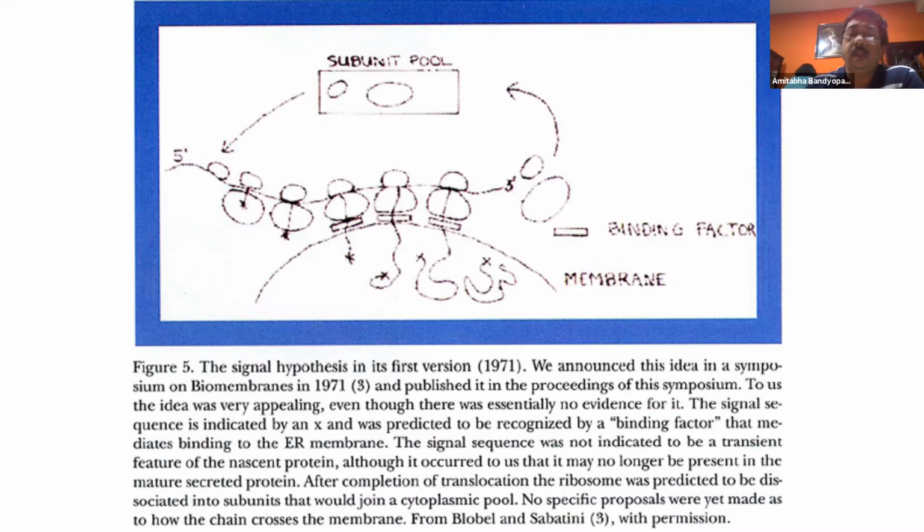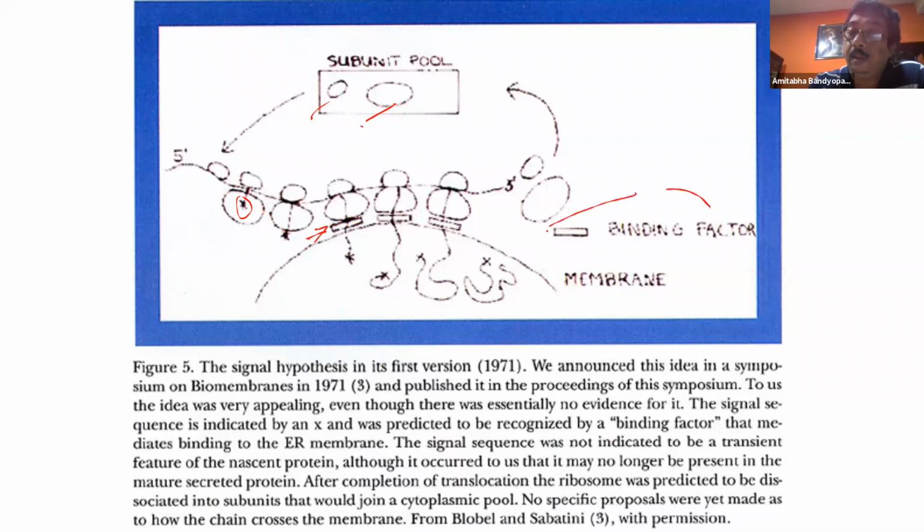There he talks about these ribosomal subunit pools, the small subunit and the large subunit. This is the mRNA, 5' to 3'. The small subunit first comes, then the large subunit joins, and then the protein is synthesized. This small asterisk is what he referred to as the signal peptide, which will be bound by something he called the binding factor.